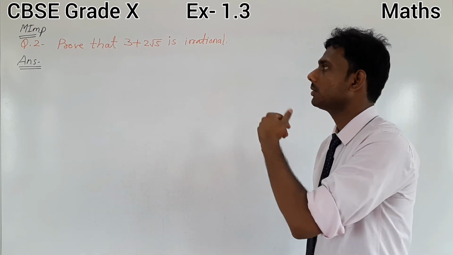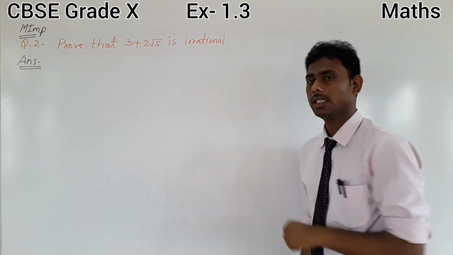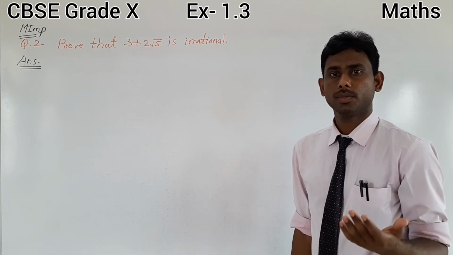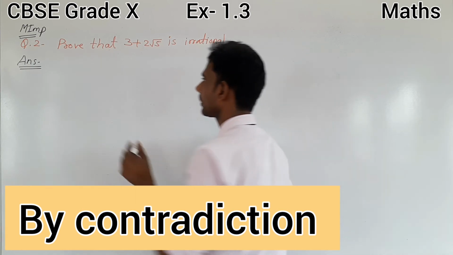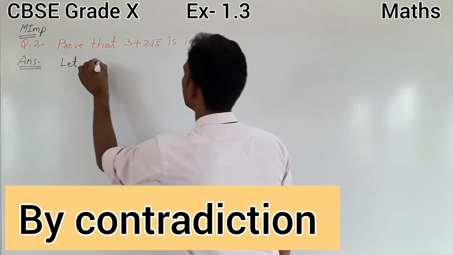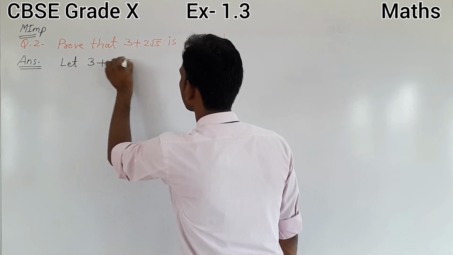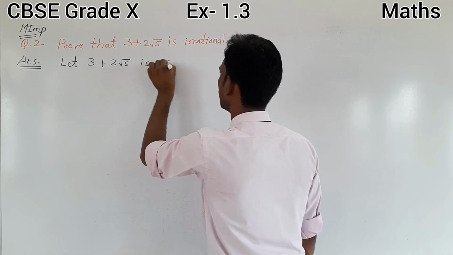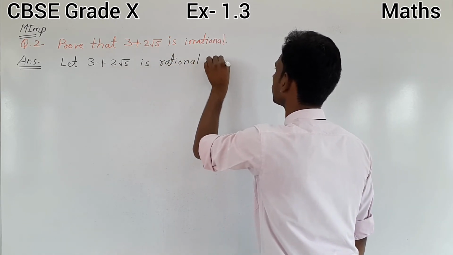Next, question number 2. Prove that 3 plus 2 root 5 is an irrational number. We will prove this by contradiction. Let's see the answer. Let 3 plus 2 root 5 be a rational number.